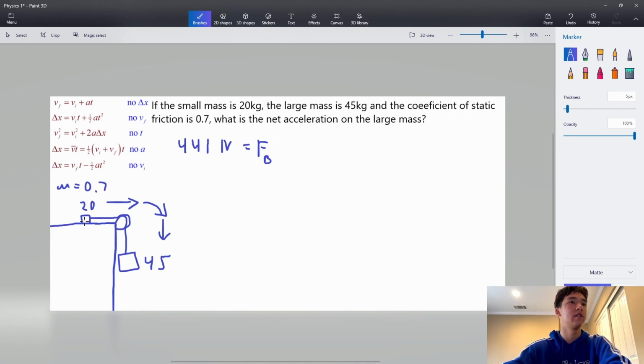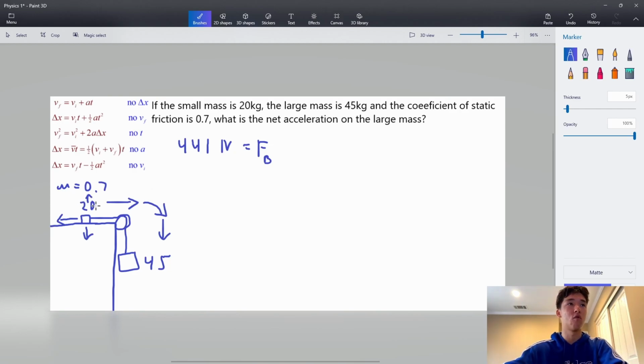So essentially what we need to do is find the frictional force that is resisting on the small box. We have to do 20 times 9.8 to find the normal force, right? The normal force goes upwards, reciprocating the downward force. Those are not always equal, but in this case it is equal.